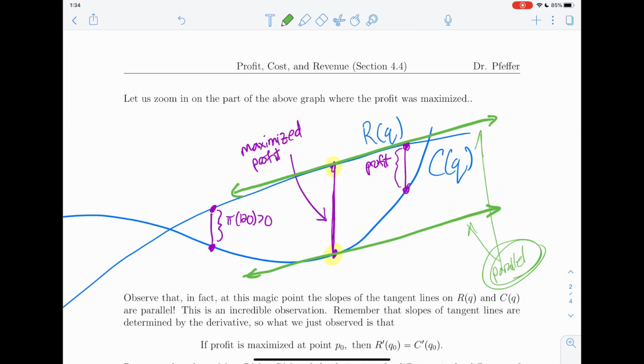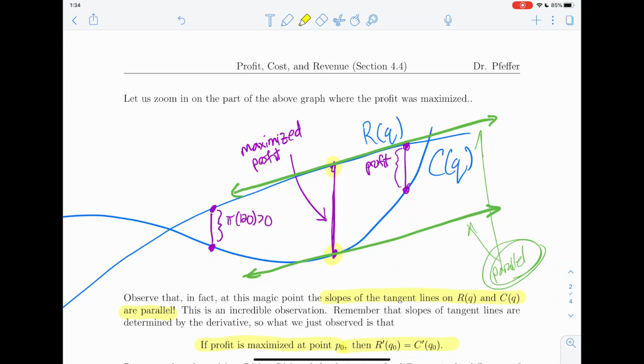What does that mean? Well, remember that slopes of tangent lines are literally just derivatives. So, what we've deduced here is that not only are the slopes of the tangent lines of R and C parallel, this implies that if profit is maximized at a point, then their derivatives at that point have to be equal to each other.